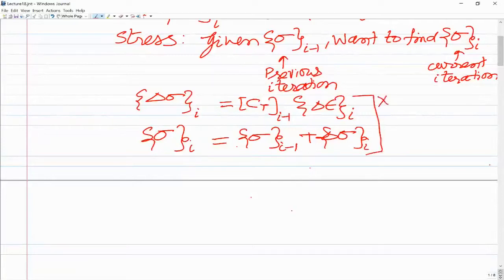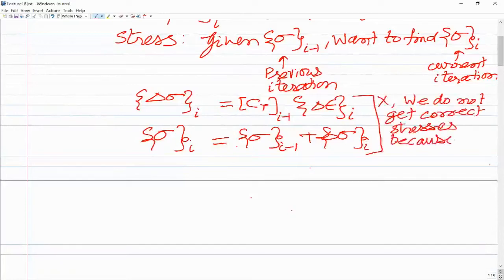This does not predict the stresses accurately. The reason is that we do not get correct stresses, because the yield criteria is not satisfied.